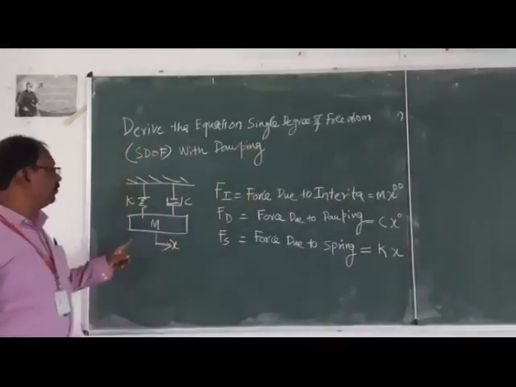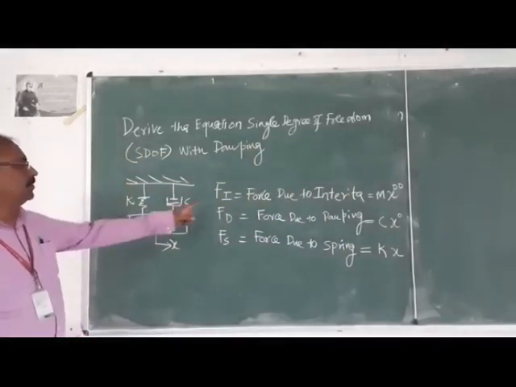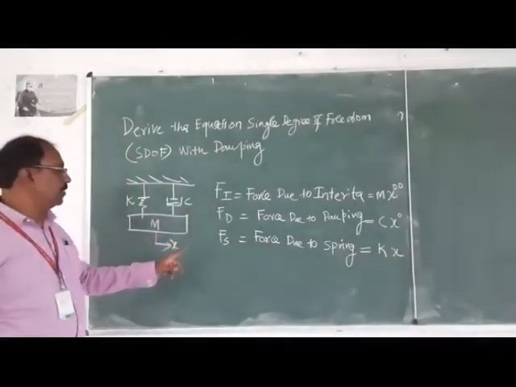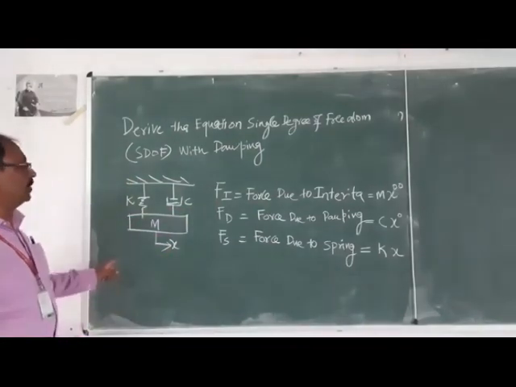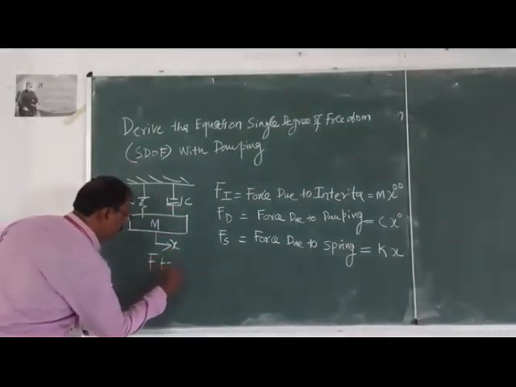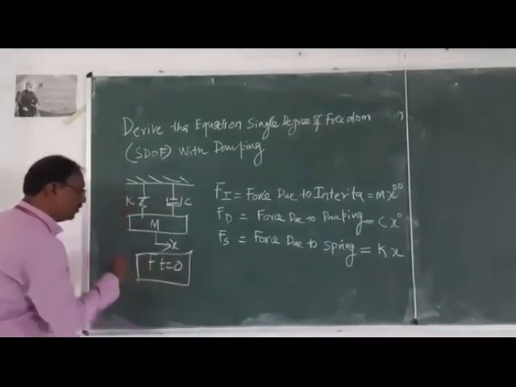In this system, what are the forces acting? Force due to the inertia, force due to the damping, force due to the spring. But free vibration means f of t is 0. We already know that one.